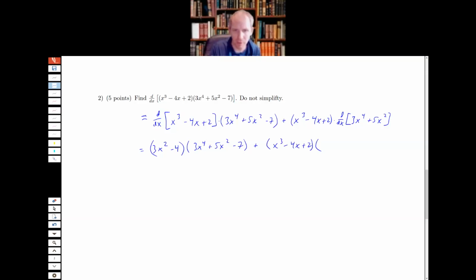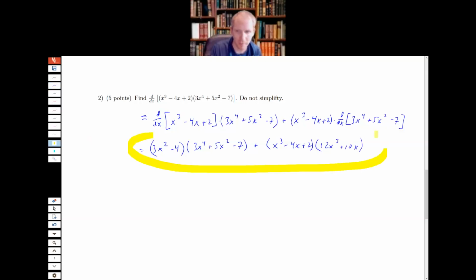And the derivative of 3x to the fourth, oops, I left something off here at the end, minus 7. Okay, the derivative of 3x to the fourth plus 5x squared minus 7 is 12x cubed plus 10x, and then plus 0. And since we don't have to simplify, this is it. That's all we have to do for that one. Just the product rule.